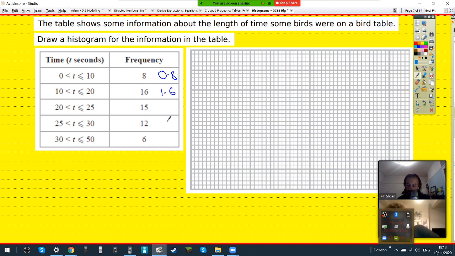Frequency density for 15 would be 3. Frequency density for 12 would be 0.6. Frequency density for 6 would be 0.3. Okay. And so now we'll try laying out the graph.